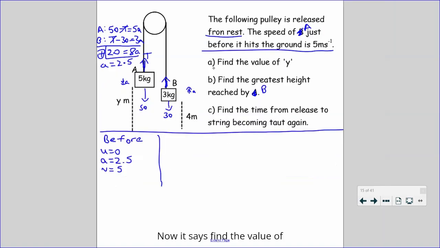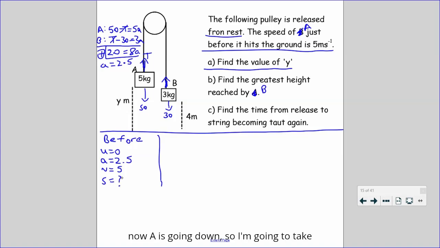Now it says find the value of y. So y is the distance from A to the ground. We are still working in the before model, because this is before hitting. That's the S we need to calculate.